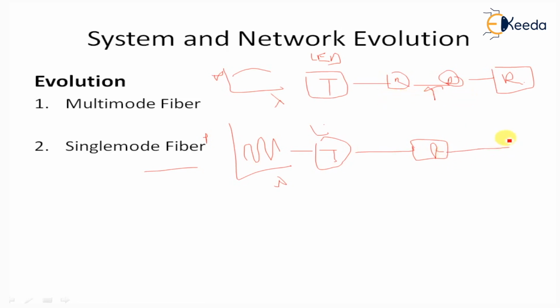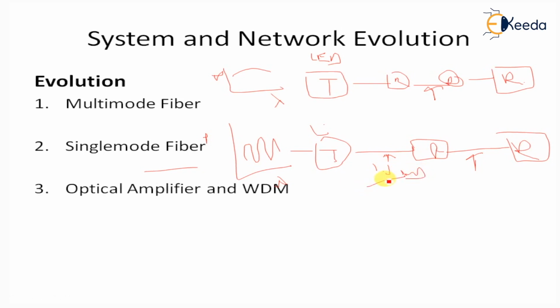In the below case, only one regenerator is required between transmitter and receiver because of the use of single mode fiber. This is a system using a laser over a single mode fiber in the 1.3 micrometer band to overcome intermodal dispersion in multimode fiber.